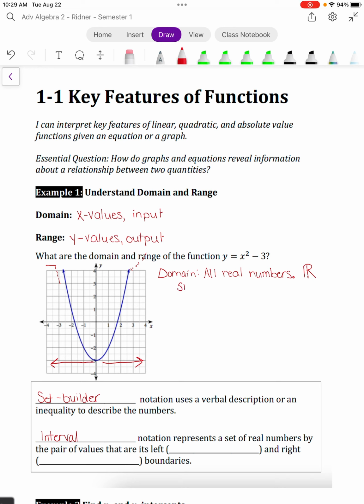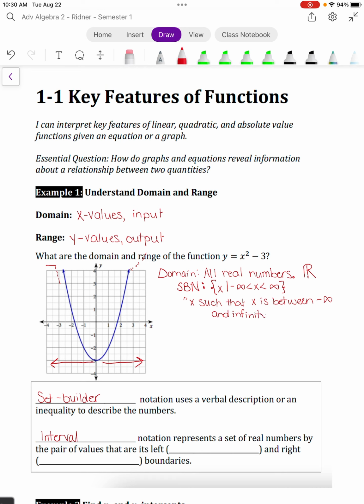So in set builder notation, that looks like x such that x is in between negative infinity and infinity.